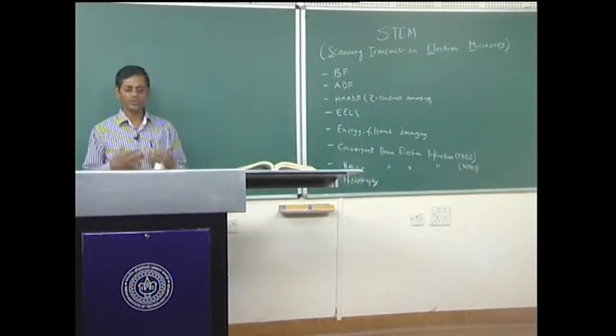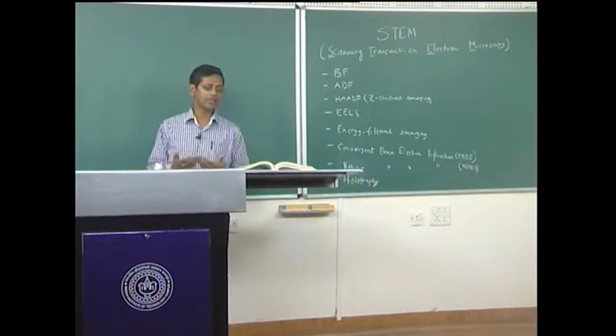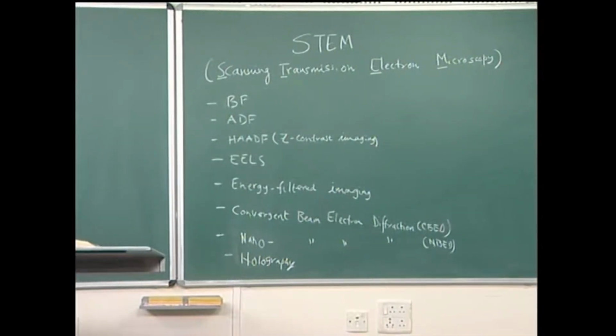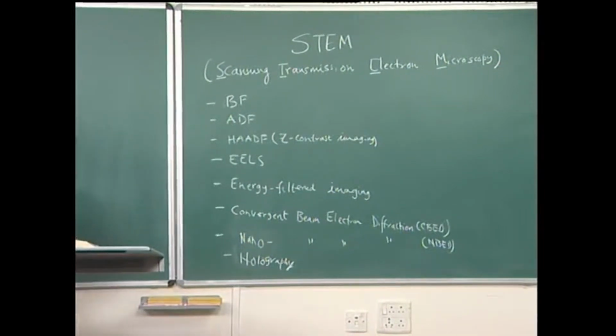As I said, the concept of scanning transmission electron microscopy is not a new one. It has been employed by Crewe long back, who introduced this whole concept into the electron microscopic community, and he first showed that for scanning transmission electron microscopy you need to use, most notably, field emission guns.